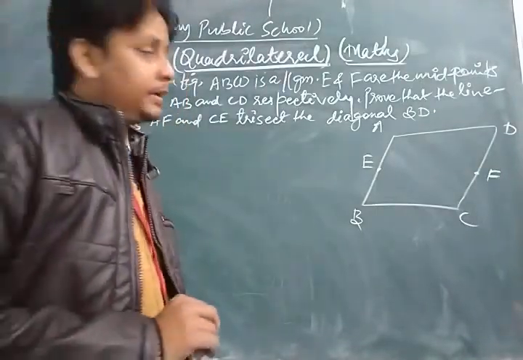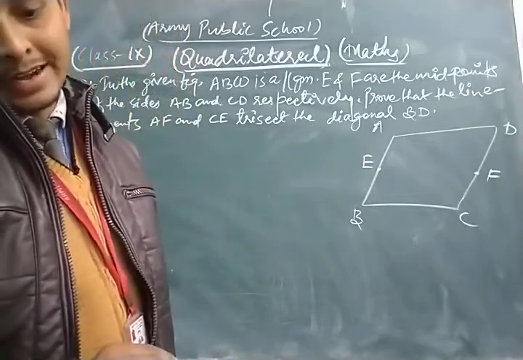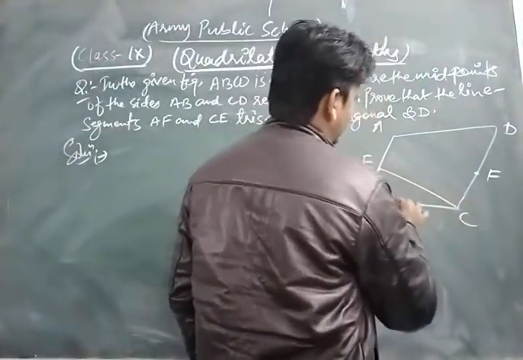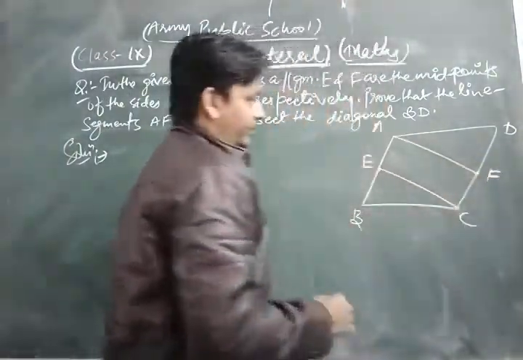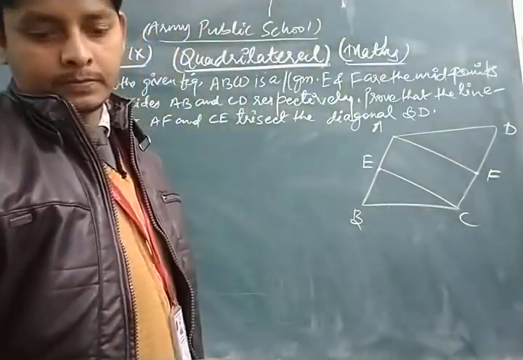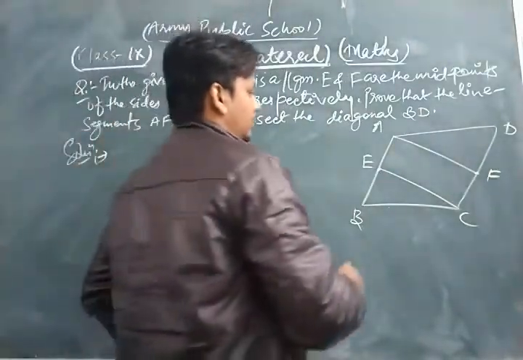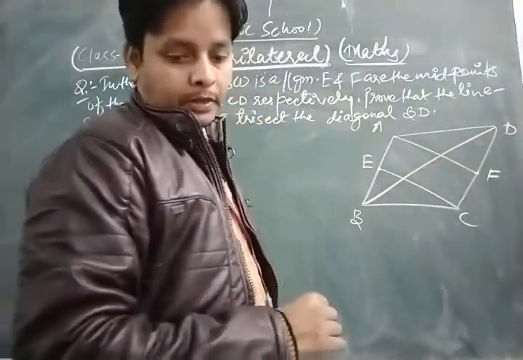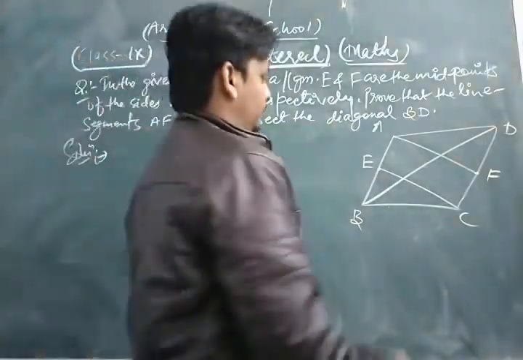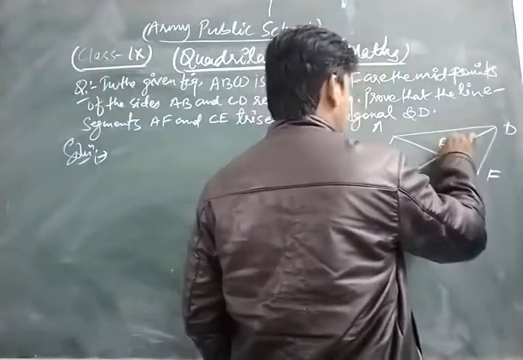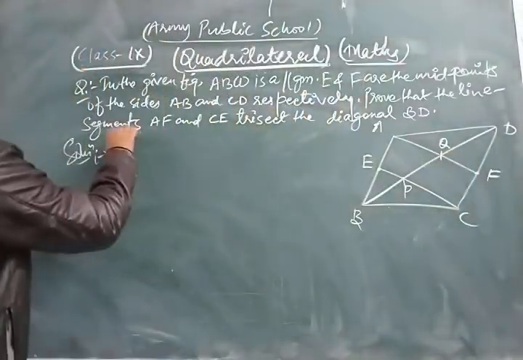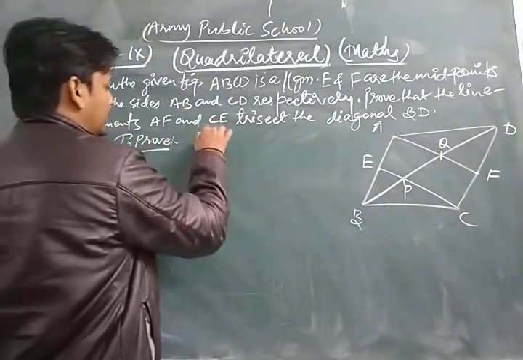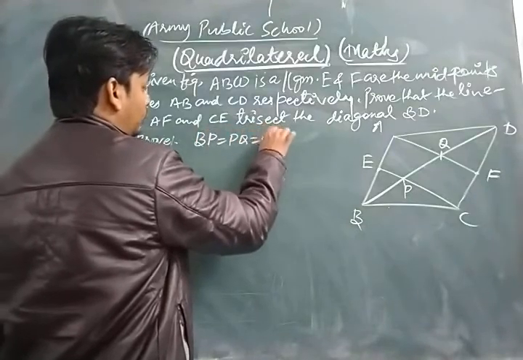AF and CE, when we join them, trisect the diagonal BD, and it is given that they meet it at P and Q. This is P, this is Q. To prove: trisect means BP is equal to PQ is equal to QD.